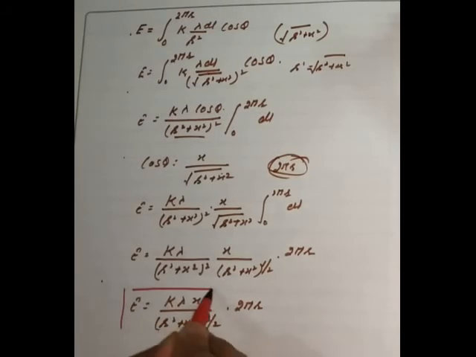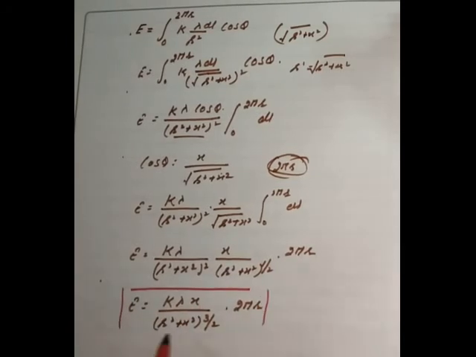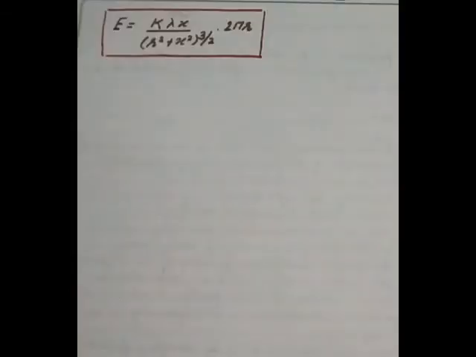Electric field will become k lambda x upon r square plus x square 3 by 2 pi r.